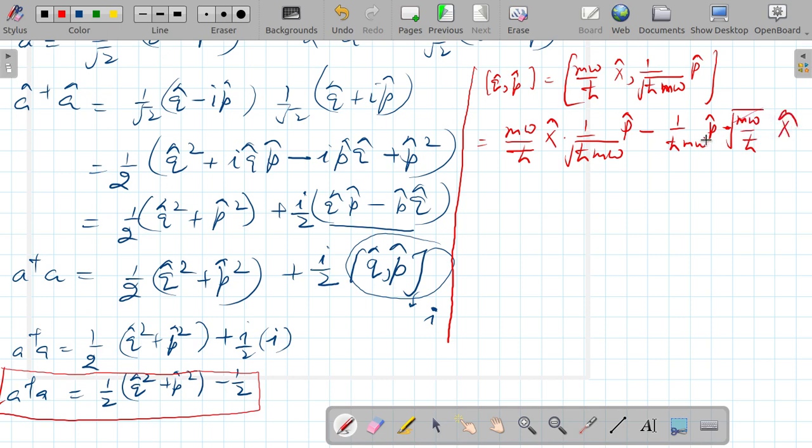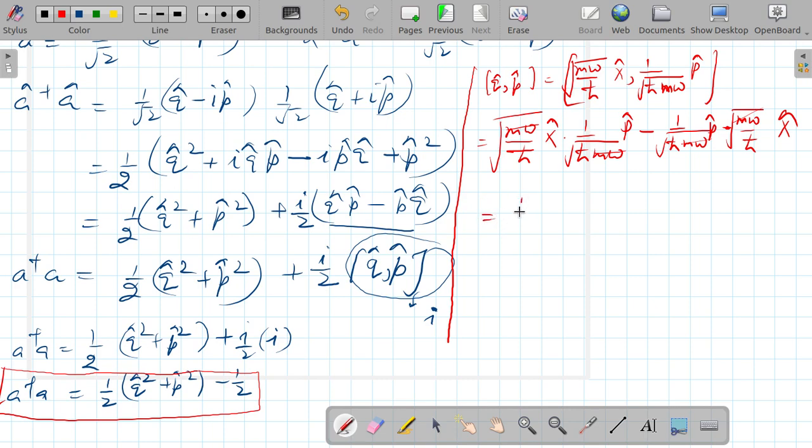Now this m omega will cancel out with this m omega because both are under the root, and this h cross into h cross will become h cross because both are under the root, and similarly this will cancel out with it. Oh sorry, square root will be there.